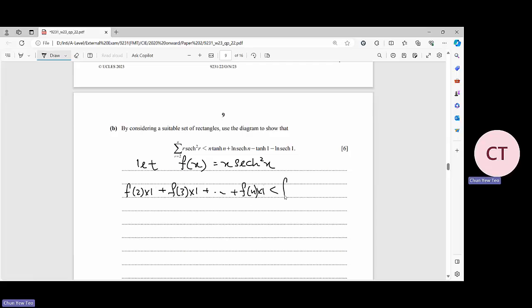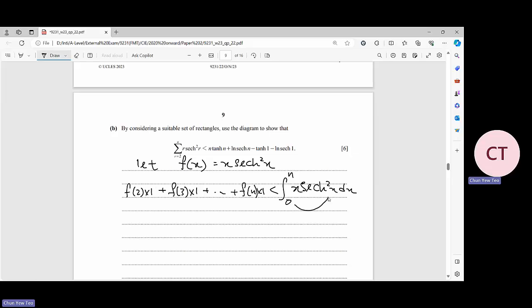This will be less than the integration of the function x sec square x. But what is the integrating limit over here? From where to where? So from the diagram, if you look at the whole area, it is supposed to be integrated from 0 to n.